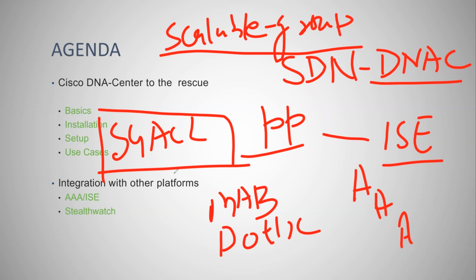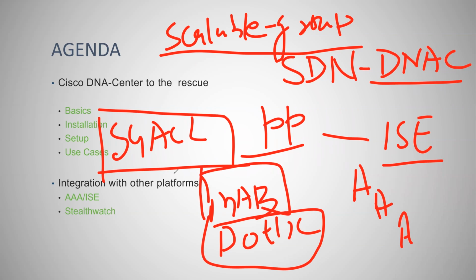So the point here is that in a LAN, local area network, you have wired and wireless devices, correct? For both wired and wireless devices, you can provide security with 802.1X and MAB, MAC address bypass, because these features are there for both wired and wireless networks. There's no problem with that. You can create policy inside ICE: if this is the condition, do this.